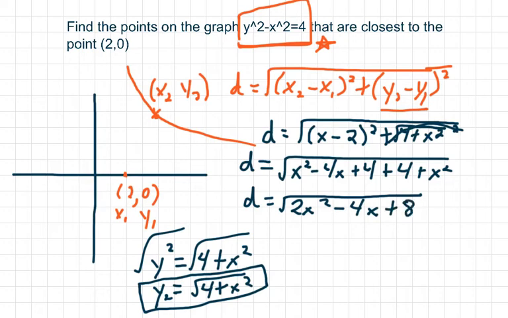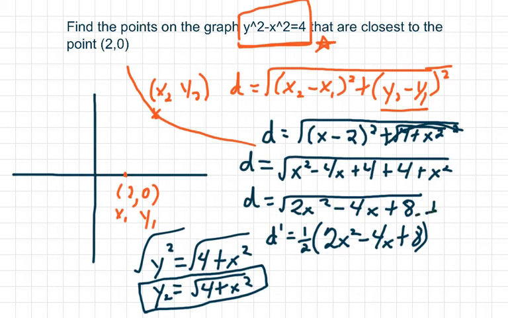Now I've got my simplified form. I can do the derivative of that. So my derivative of my distance equation is 1/2 times 2x squared minus 4x plus 8 to the negative 1/2 times 4x minus 4.